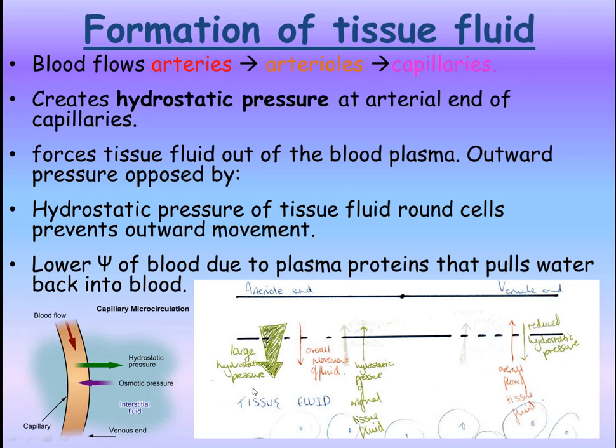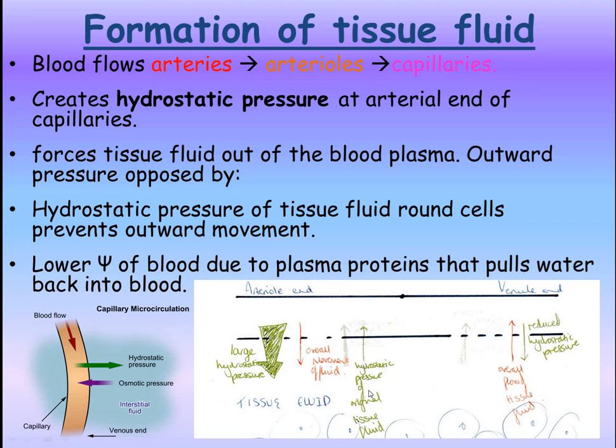But because of that large hydrostatic pressure, the overall movement of fluid is actually out of the capillary into the tissue fluid. So key point here, because of the vessels getting smaller from arteries to arterioles to capillaries, and you're trying to get a volume of blood through those, it creates a high hydrostatic pressure, which is this green arrow here. But you have two small opposing forces. You've got the small hydrostatic pressure created by the existing tissue fluid that's already there, that small green arrow.